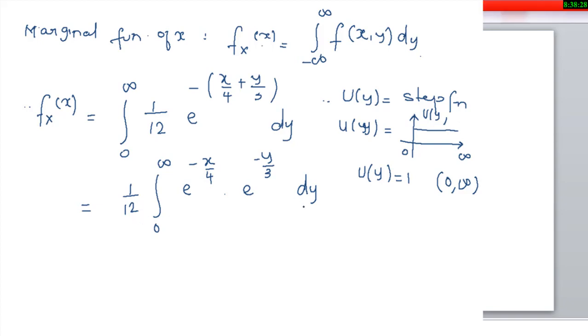Since we are integrating with respect to y, the x term is a constant, so I'll take 1 by 12 outside.